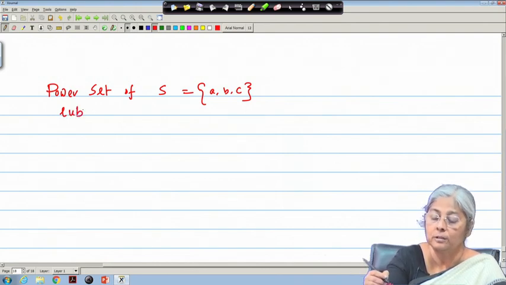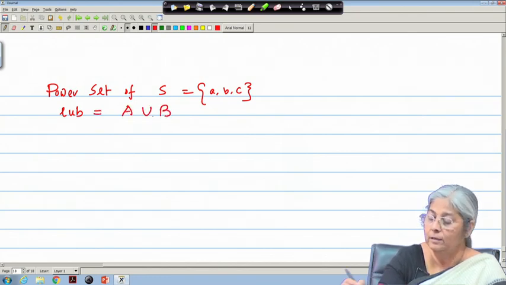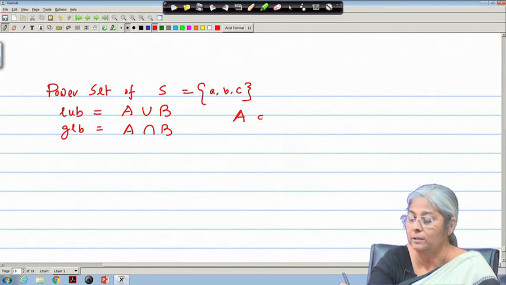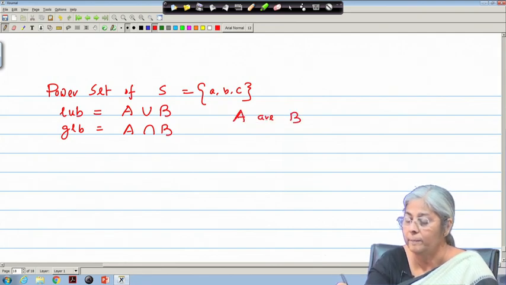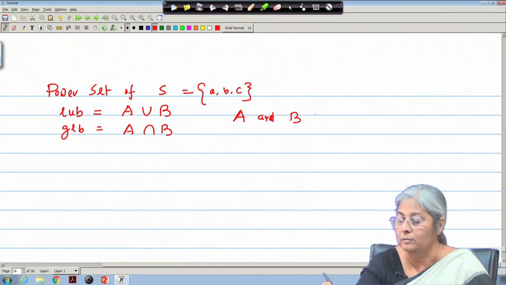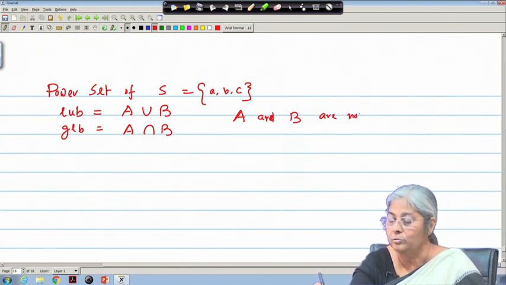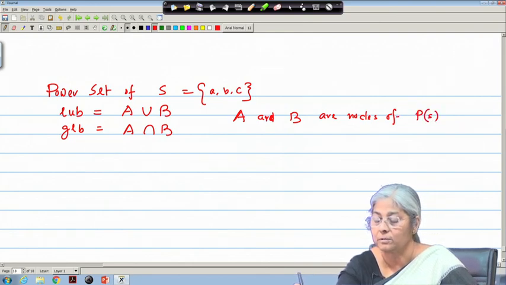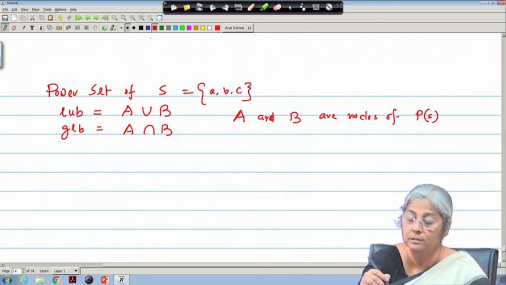If I consider two nodes of the power set, the LUB is A union B, and the GLB is A intersection B, where A and B are nodes of the poset, because we have seen that it is a poset.